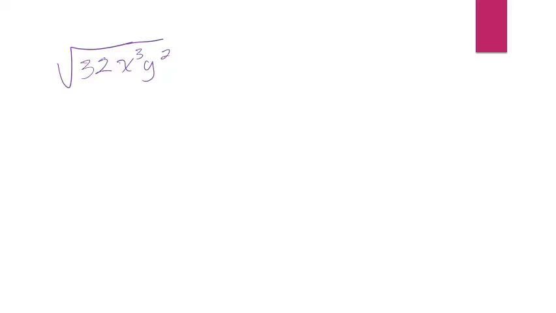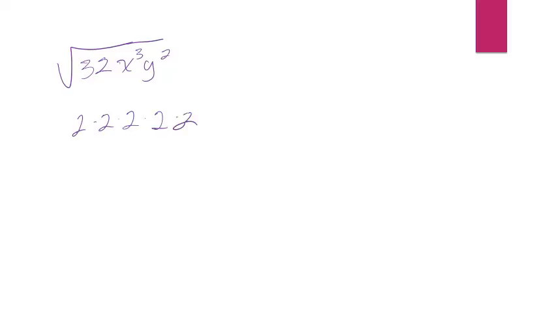So our prime factorization of 32 is going to be 2 times 2 times 2 times 2 times 2.